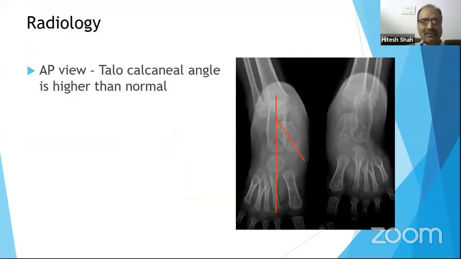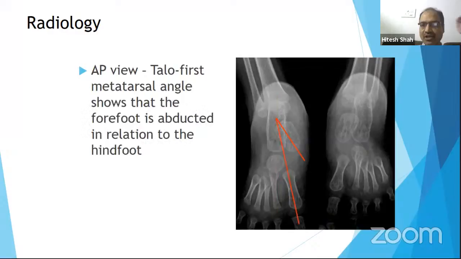If the examiner wants, or you want to take the X-ray, you need to take the AP view to see the relationship between talus and calcaneum. The talocalcaneal angle would be higher than normal. In clubfoot, the talocalcaneal angle tends to be 0 or reduced. In vertical talus or hindfoot valgus, the talocalcaneal angle is more.